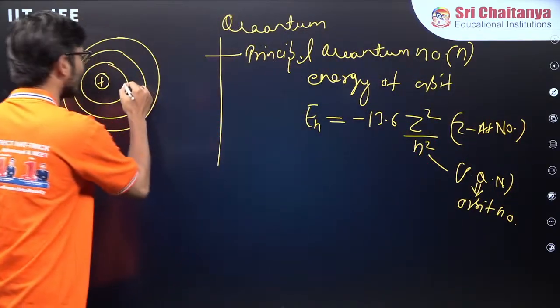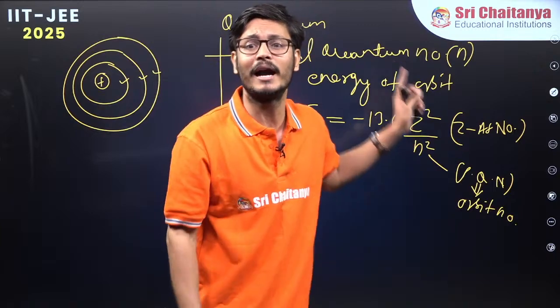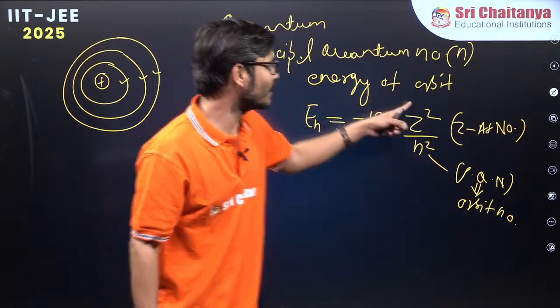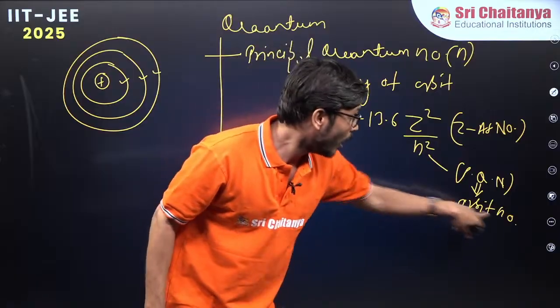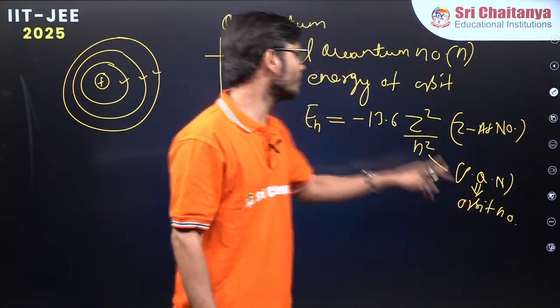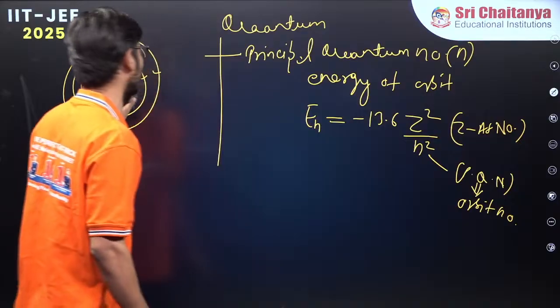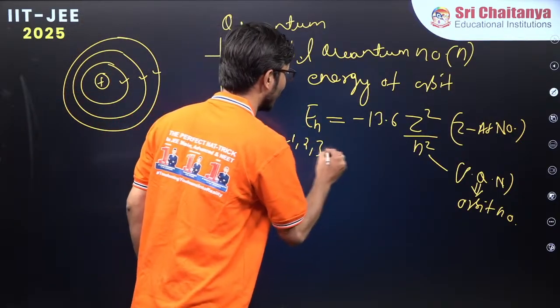So for any given orbit, whether it is 1, 2, 3, we can find the energy with the help of the orbit number. n could be 1, 2, 3, and so on.